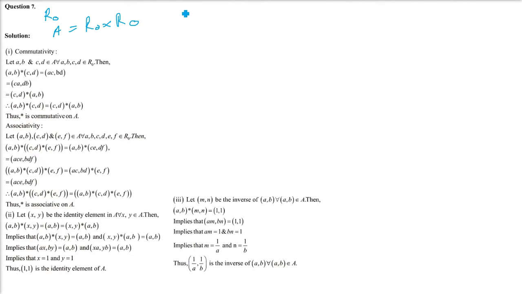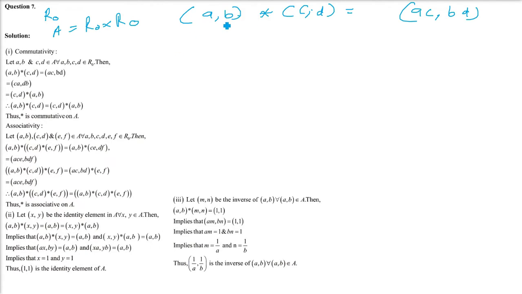It's defined like this: (A, B) star (C, D) is equal to (AC, BD). The first pair values are multiplied, and the second pair values B and D are multiplied. This is what is given in the question. So we have to show this star to be commutative, associative, then find the identity, then the inverse. That is how we are going to go about it.